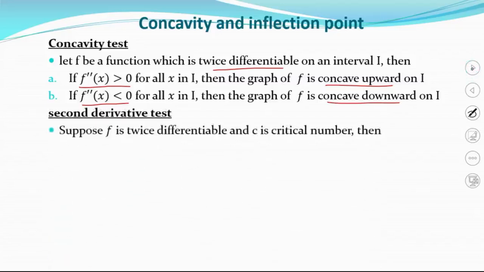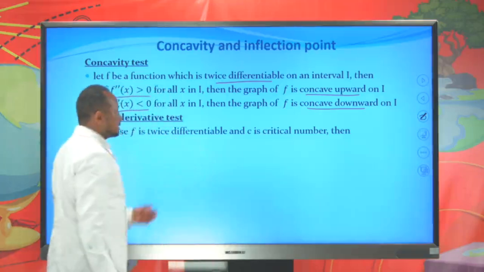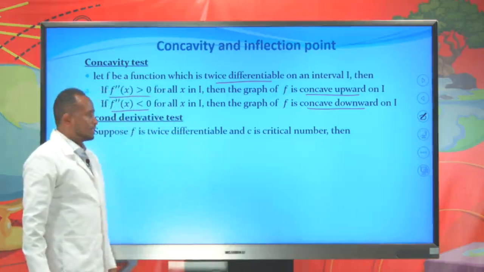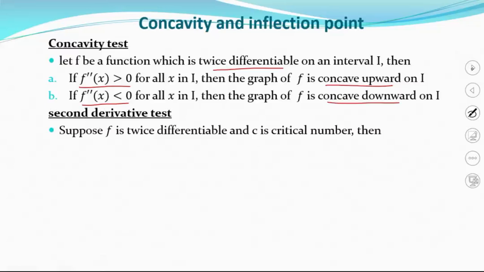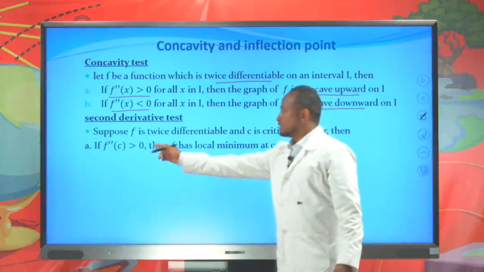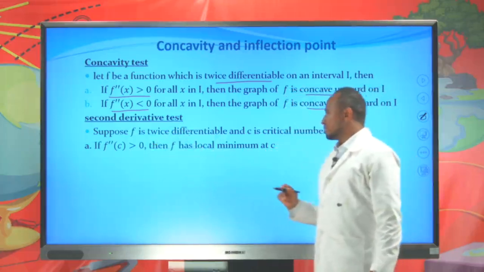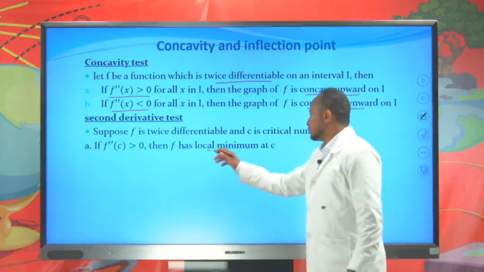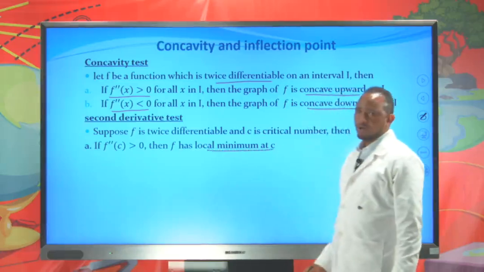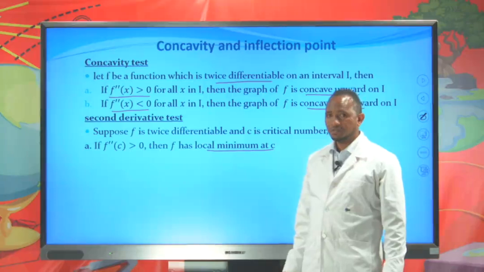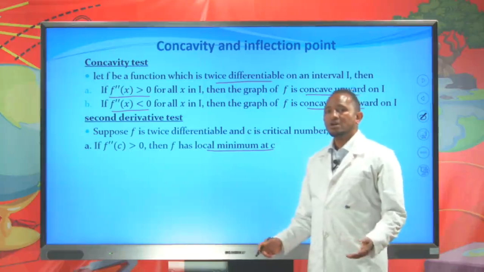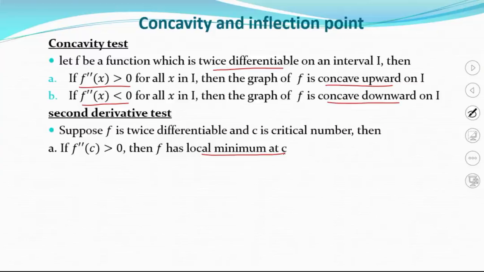And let's see the second derivative test. Suppose f is twice differentiable and c is a critical number. If the second derivative of the function at c is greater than 0, then f has a local minimum at c.